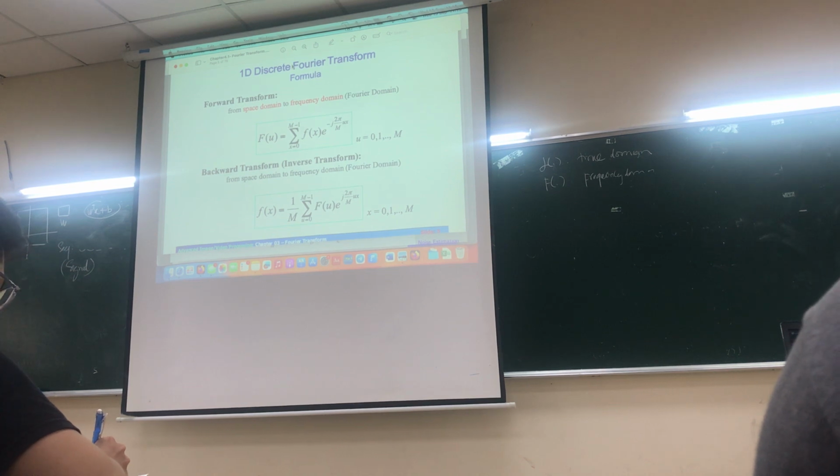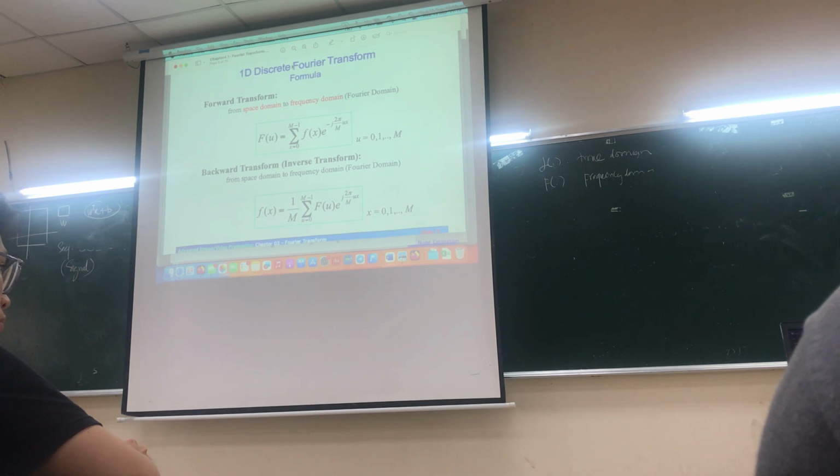That is the real part, that is the imaginary part. The Z here is the point on the plane. So Z equals R, for example here. That is Z. Here is a, here is b.